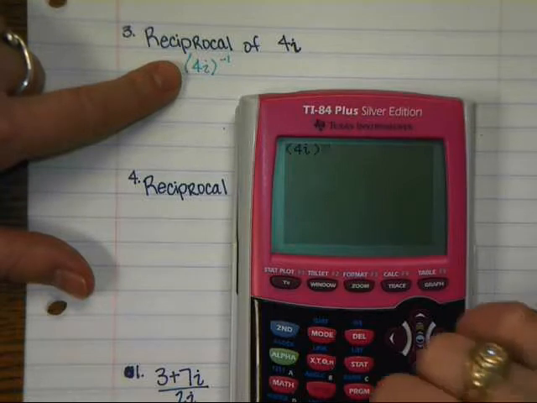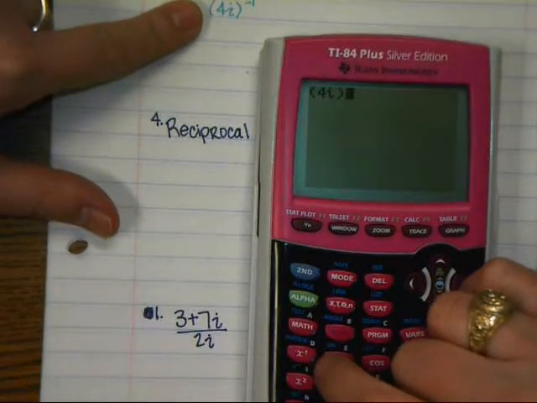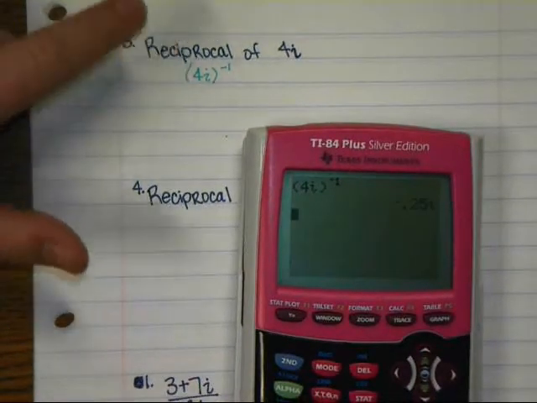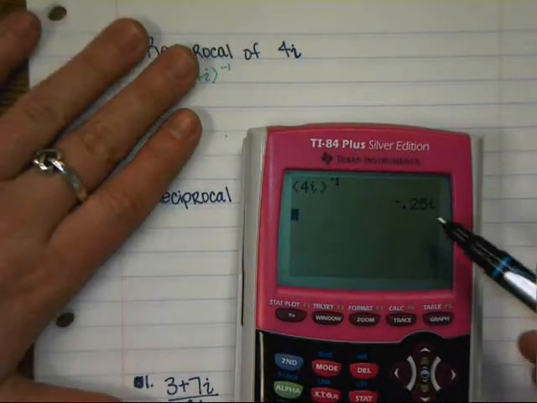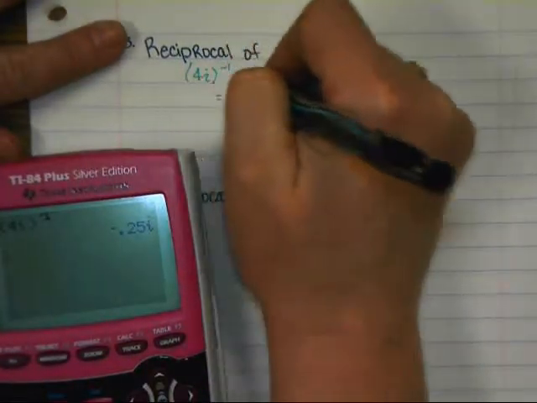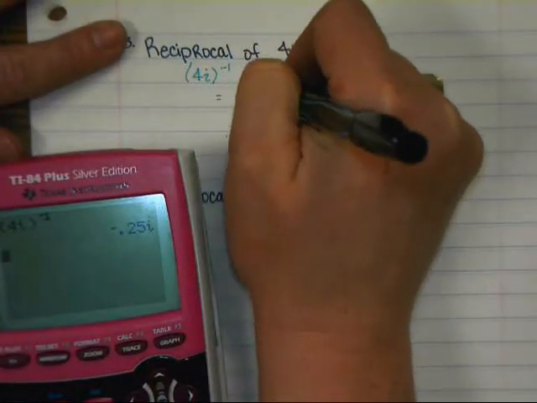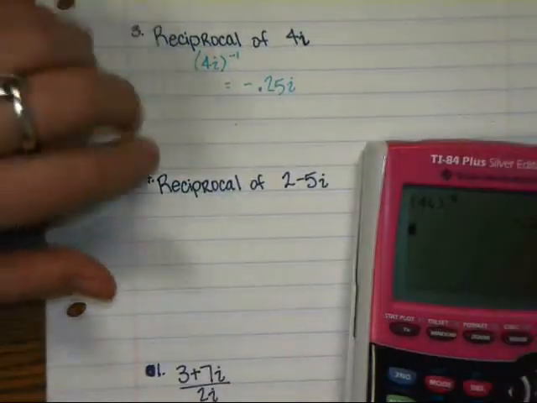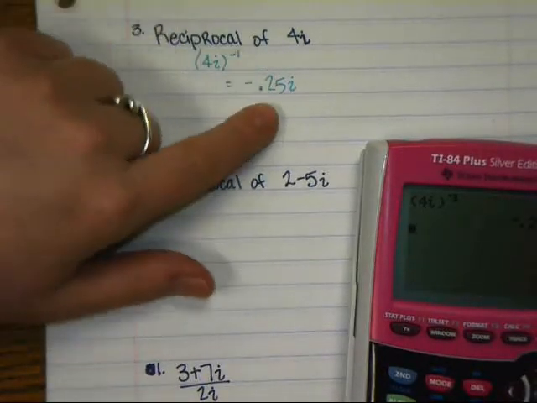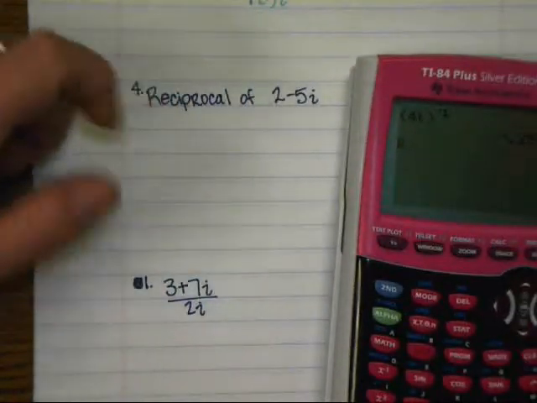And then I'm going to hit to the negative 1 power, which is right here on your calculator below math. And I'm going to hit enter, and it gives me my answer, negative 0.25i. So the answer to the reciprocal of 4i is negative 0.25i.